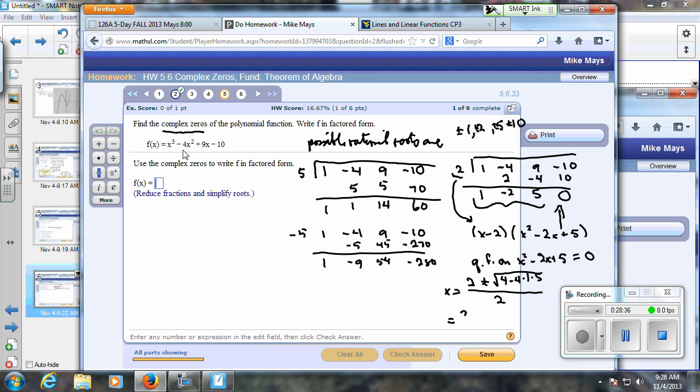So 2 plus or minus the square root of 4 minus 20 is minus 16, all over 2. So let's see, 16 is 4 times 4, and the square root of minus 1 is i. 2 plus or minus 4i over 2, that's 1 plus or minus 2i.